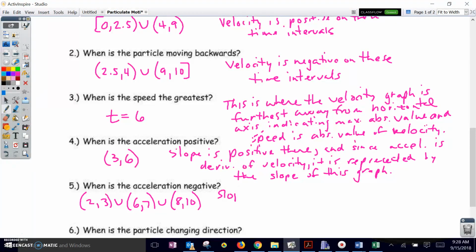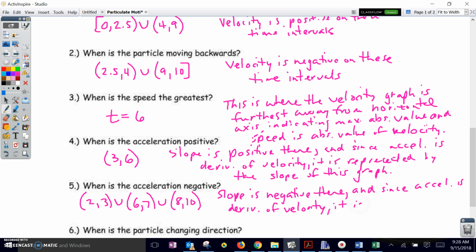And same reasoning, only with negative instead of positive. Slope is negative there. And then since acceleration is the derivative of velocity, it is represented by the slope of this graph.